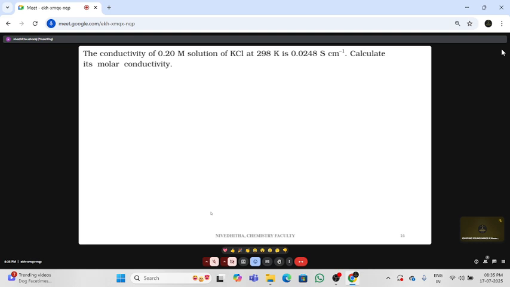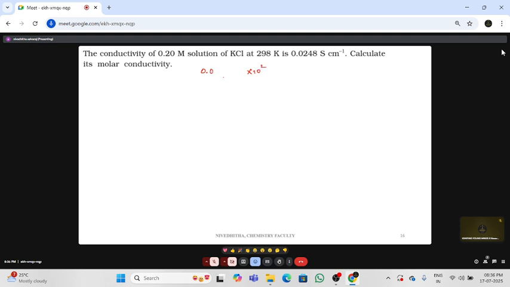Okay, but that is not the exact value, Madhavan. 0.0124 into 10 square. Okay, fine. You have some 10 power terms, right? Could you please repeat your value? 0.0124 into 10 square. 10 power 2. And what is the value?